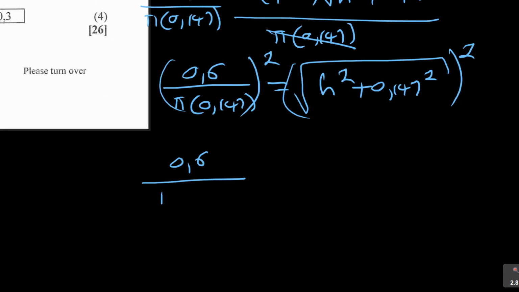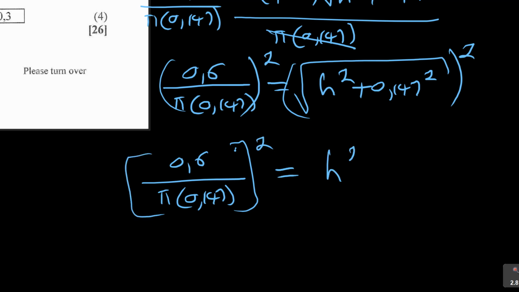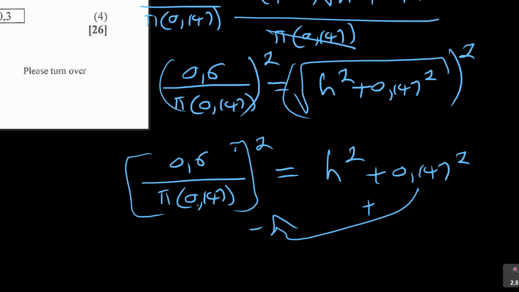0.6 over pi 0.147, and then here in a way you can put it like this, squared is equal to h squared plus 0.147 squared. Now take it to the other side. It's positive, it will become negative.